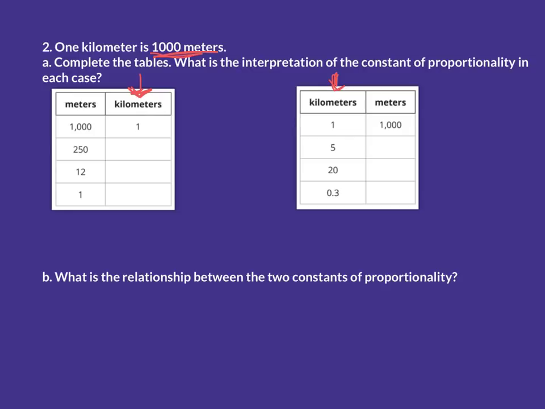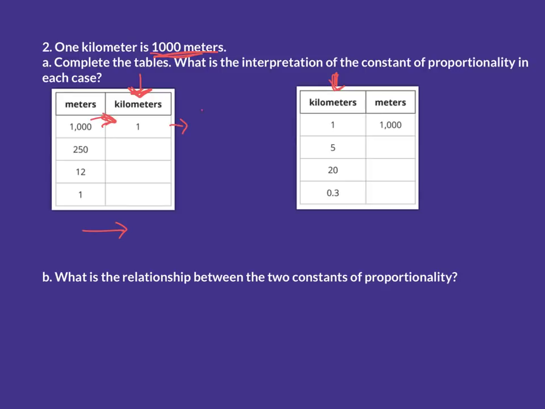So, I know in all of these I'm going from left to right, but the number is getting smaller. So if we remember, when the numbers get smaller, that means we're multiplying by a fraction. So in this case, we'd be multiplying 1,000 times what is equal to 1, or we simply divide to find out what that is.